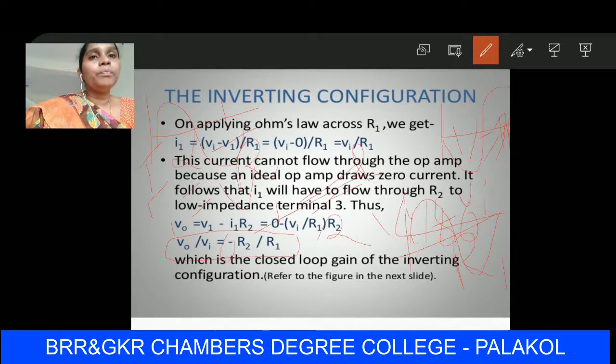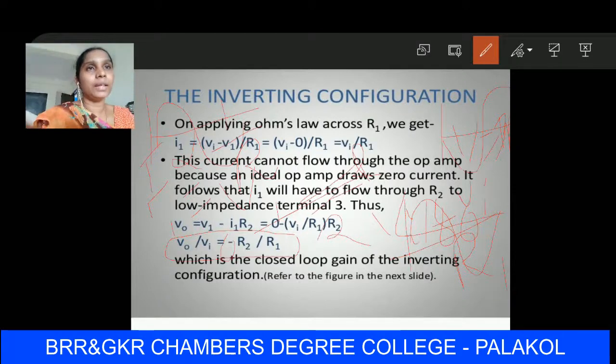Likewise, we have to calculate the closed loop gain of the inverting amplifier. Again, I will tell you: the gain of an inverting amplifier is V0 by Vi is equal to minus Rf by R1. So this is the gain of a negative feedback amplifier.